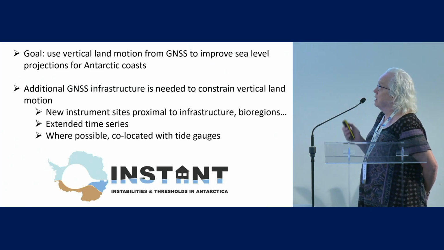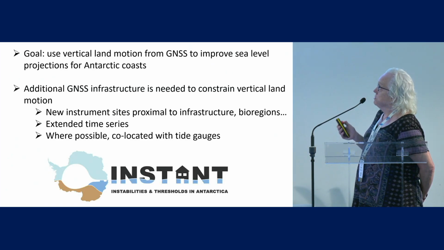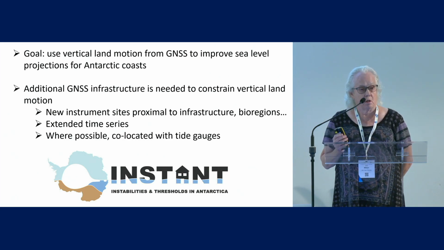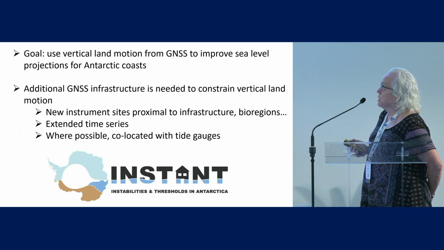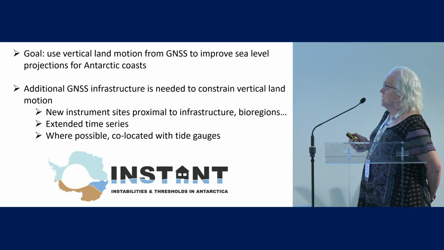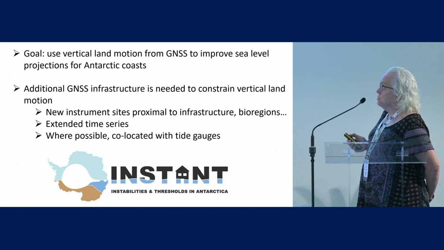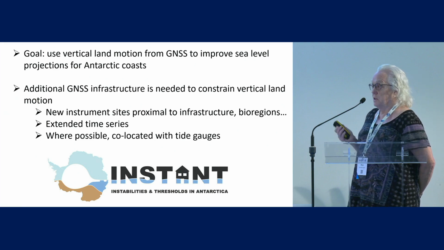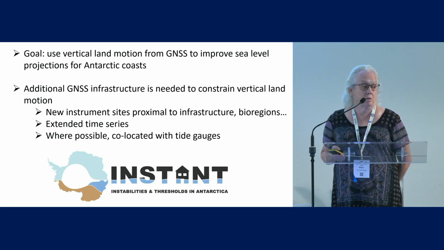So our goal is to incorporate this vertical land motion data to improve the projections. In order to do that, we need GNSS infrastructure, either new instruments where we don't have sites proximal to sites of interest. We need longer time series, and where possible, these should be co-located with tide gauges. Thank you.